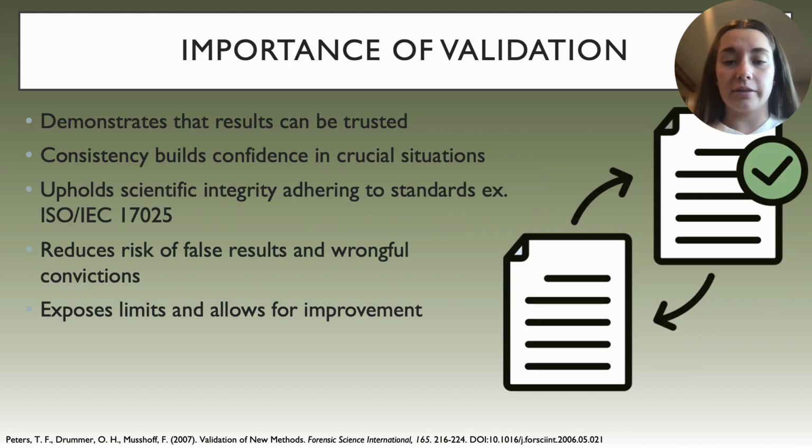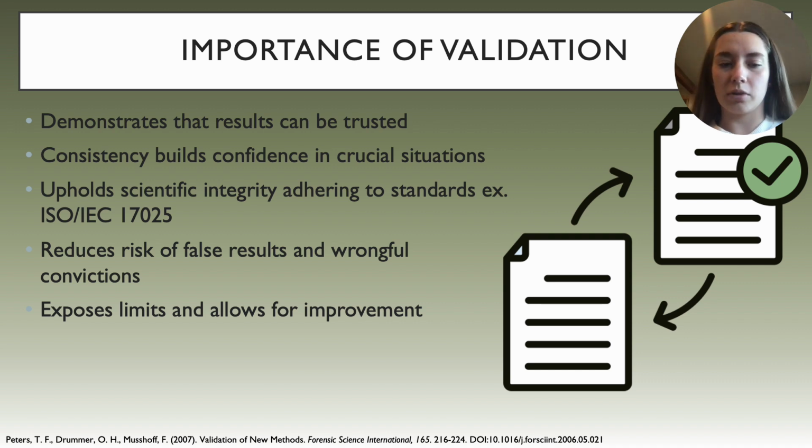So the importance of a validation study is that it demonstrates that the results from this method can be trusted and used properly. And then consistency and being able to reproduce results builds confidence, especially in crucial situations such as in a case study or a crime scene. And it also upholds scientific integrity, which is extremely important in the lab setting because they have certain standards in place.